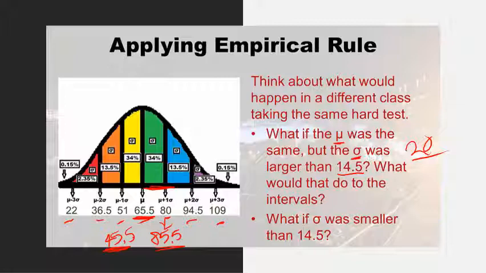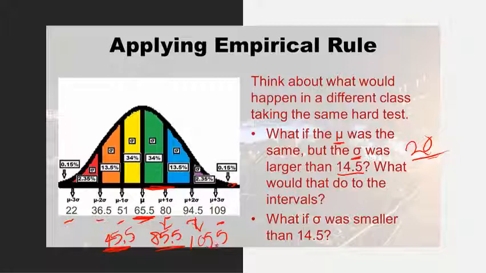Also, this one would be way wider, and it would be a lot closer to 100. This one would turn into 65.5 plus 2 standard deviations, which would make it 40. What's 65.5 plus 40? That would be 105.5.